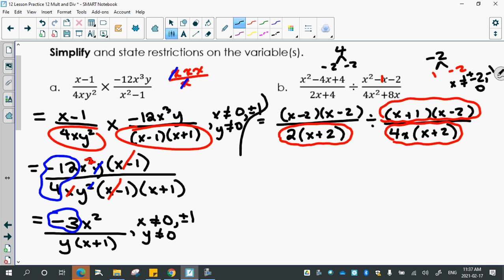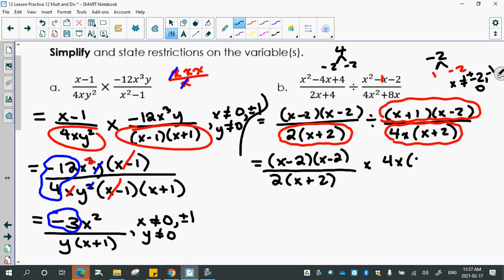Okay? All right. So we've done step 1 and step 2. Step 3 is, if it's a divide question, change it to multiply by the reciprocal. Which it is. So I'm going to change this divide to times, and then I'm going to flip this fraction.